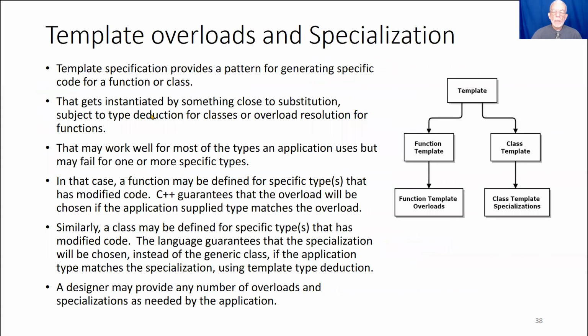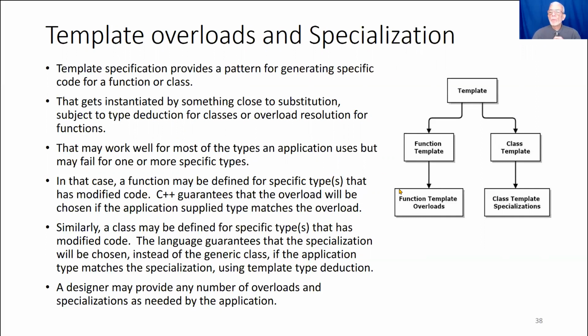Okay, so one more part of that story, which we won't elaborate a whole bunch here. With templates, the generic class or function may operate well for a bunch of different types, but there may be one or two types that our application wants to use in which that generic processing doesn't work. So we'd like to be able to specialize the code for those cases so that it will work for those types.